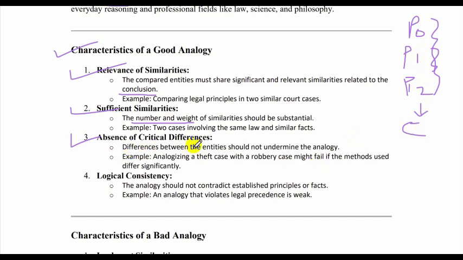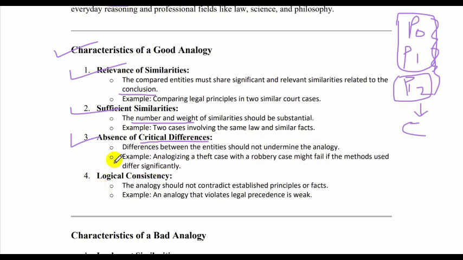So absence of critical difference. It is not necessary that they are very similar, but there has to be some kind of similarity. But of course, there should not be critical difference. Critical means a big difference between what the first two premises are stating and what P2 is stating.